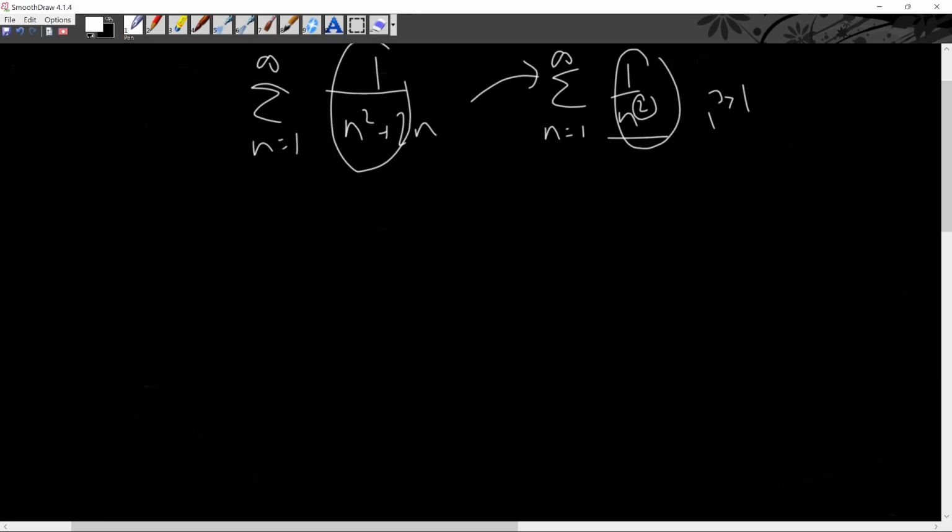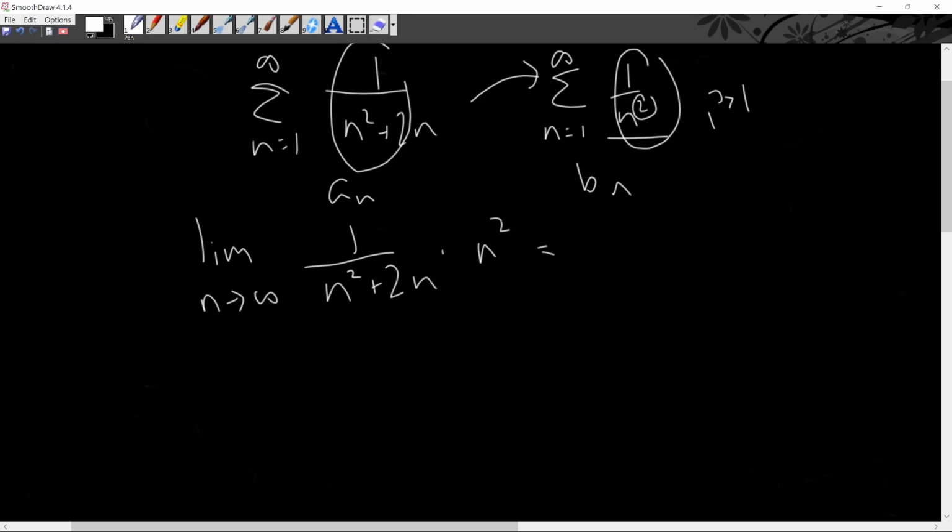So let's say this is a sub n and this is b sub n. We do the limit as n approaches infinity of a sub n, 1 over n squared plus 2n, times the reciprocal, 1 over n squared, which is n squared over 1, because we're doing a sub n divided by b sub n.